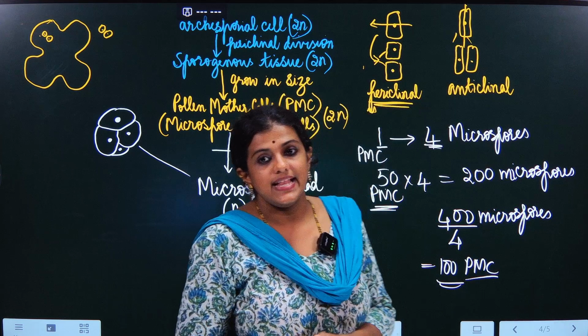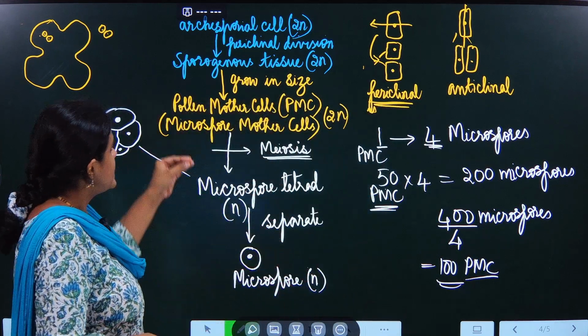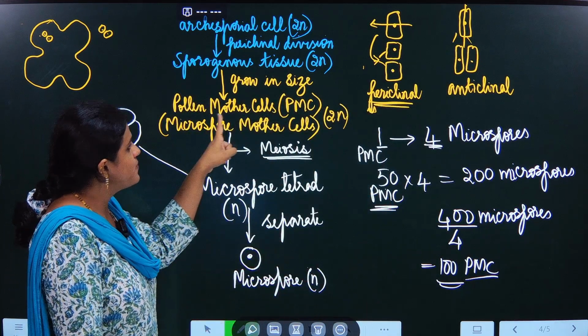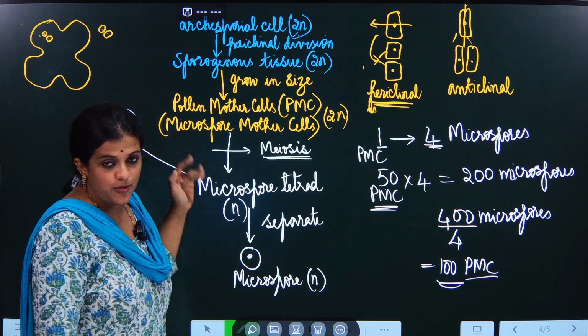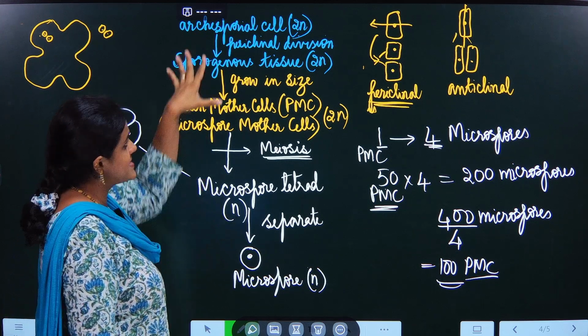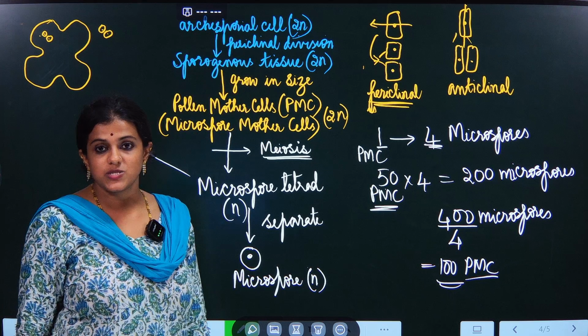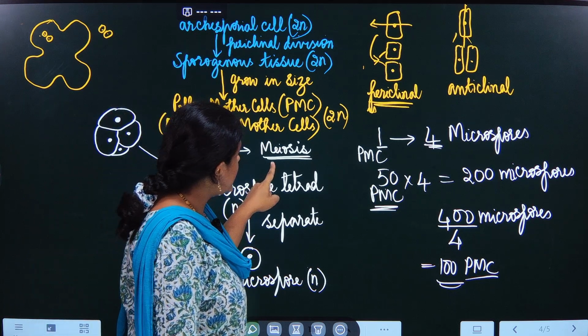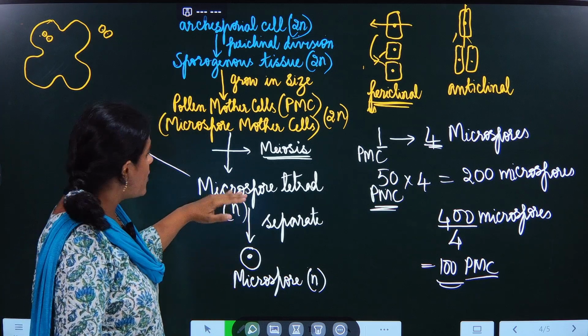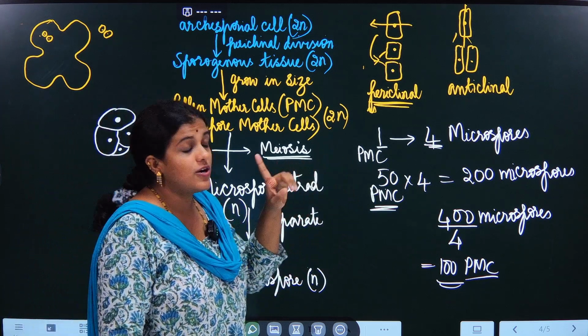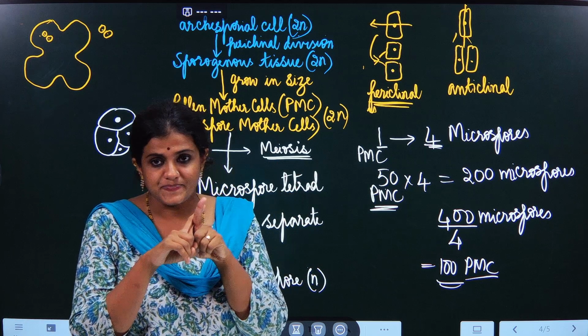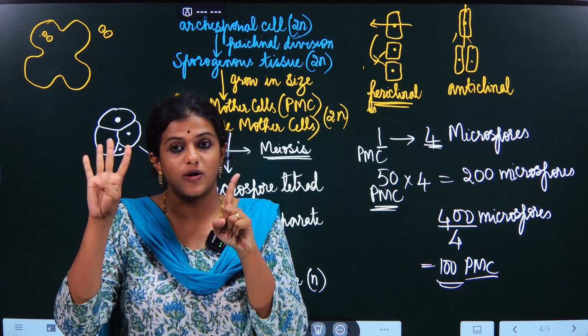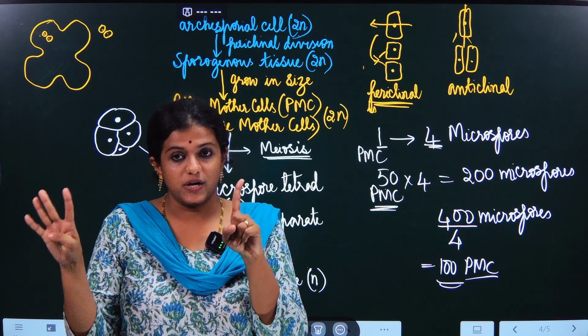Now in this tissue, the cells will grow in size to form pollen mother cells, also called microspore mother cells. Till here all these structures were diploid. Now these pollen mother cells will undergo meiosis to form microspore tetrads, because one mother cell undergoes meiosis to form 4 daughter cells.